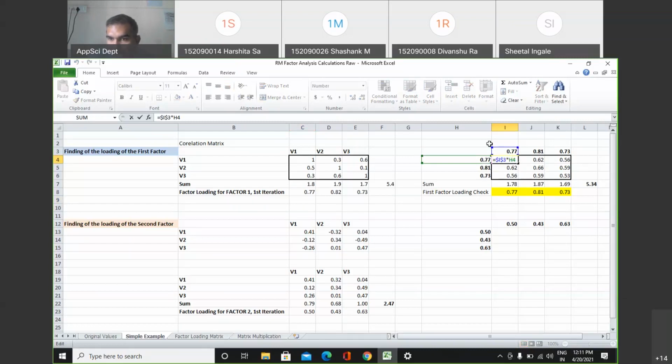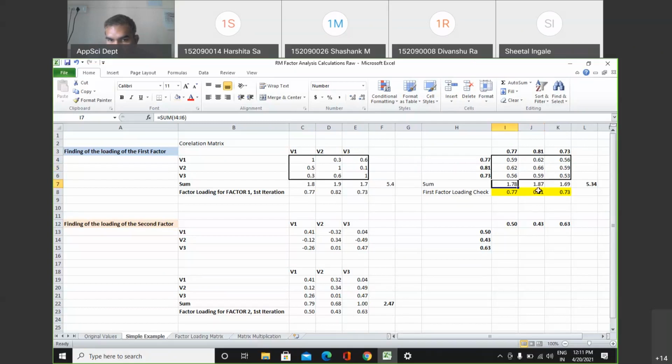We just multiply the corresponding row value and the corresponding column value. So here 0.77 and 0.77 are multiplied. If we go here, 0.81 and 0.77 are multiplied. Similarly, this matrix is created, the values inside the matrix.